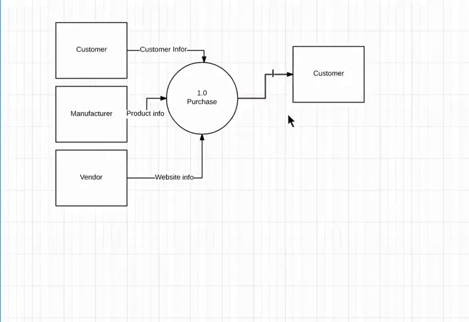So this would be things like invoice and sales and receipt.